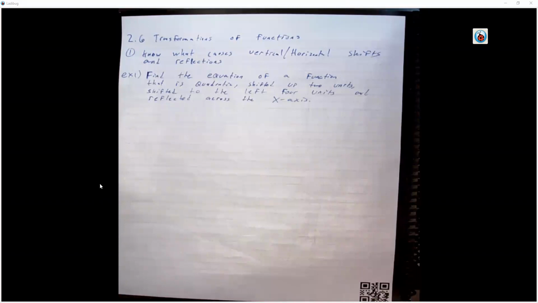So basically I'm asking for a parabola that's been moved 2 units up, 4 units to the left, and then reflected down. So what function does that?